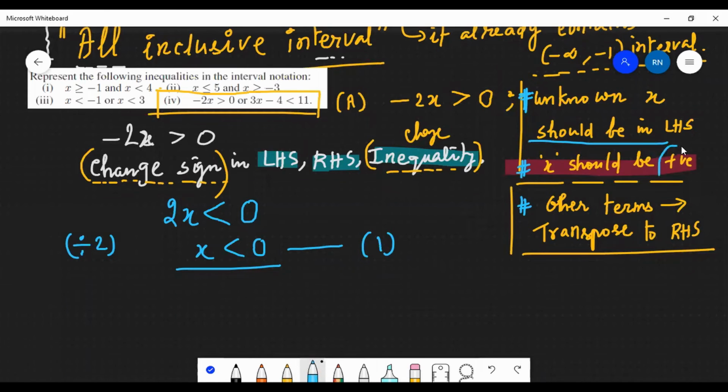It should be positive also. And all other terms must be in RHS. Then only we can write the answer properly without error. So what are we doing? We are ensuring these things are happening. I am ensuring that x is on the left side. It is in the question statement itself, on the left side.